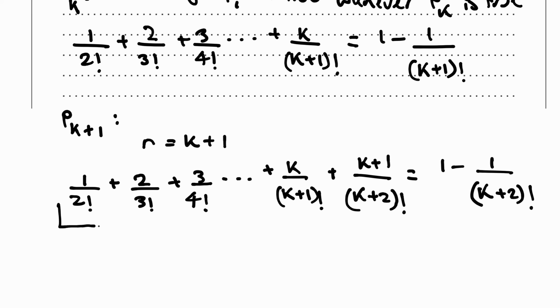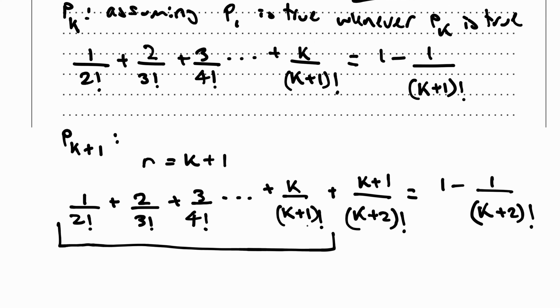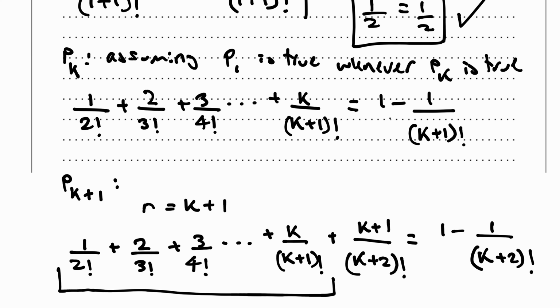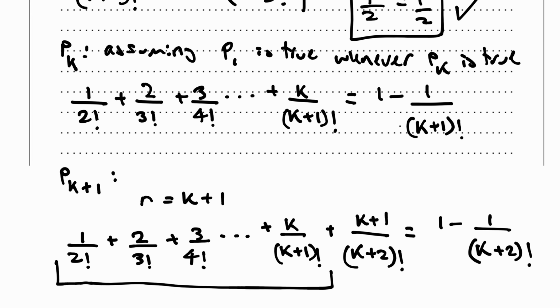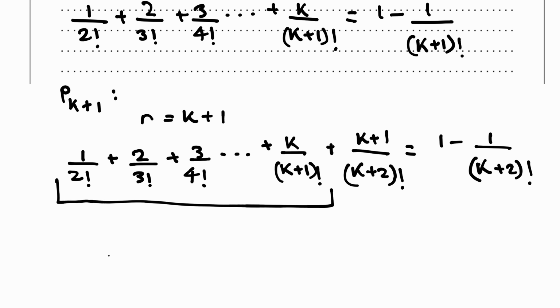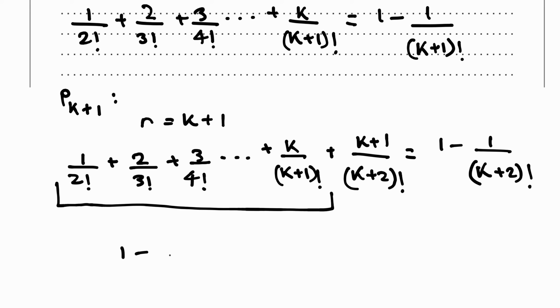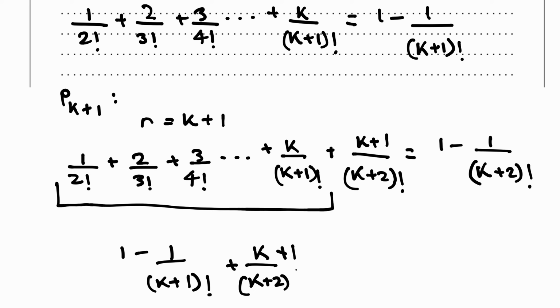How do we approach this? Well, we know this whole section right here from our P(k) step is just equal to 1 minus 1 over (k plus 1) factorial. So we'll substitute 1 minus 1 over (k plus 1) factorial instead of this. So you get 1 minus 1 over (k plus 1) factorial plus (k plus 1) over (k plus 2) factorial is equal to 1 minus 1 over (k plus 2) factorial.